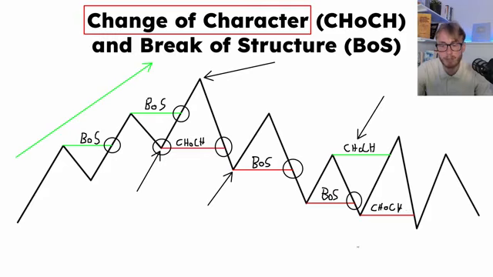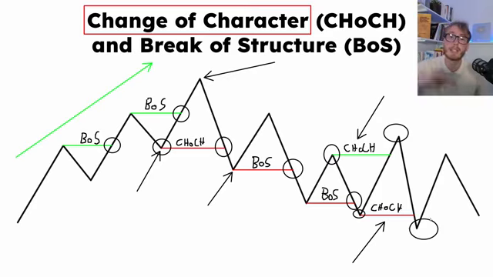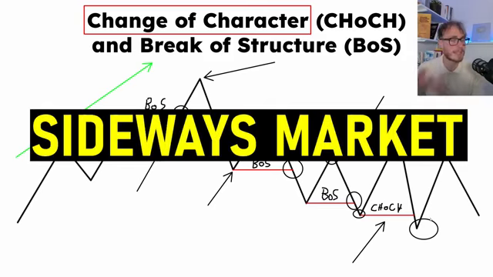And when we see two changes of character happening sort of immediately after each other, you can see here we have both higher highs and lower lows. At this point, we no longer consider the trend to be either in an uptrend or a downtrend anymore. And remember what that market state is called. It's called a sideways market or a trading range.